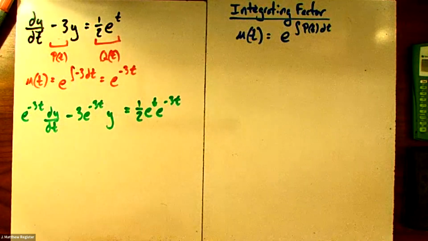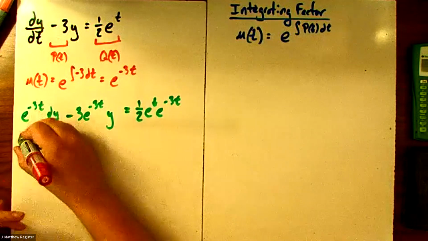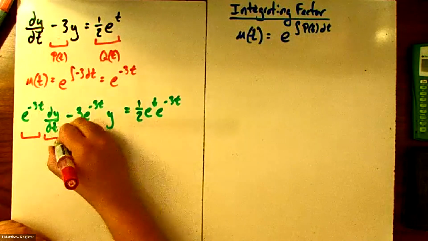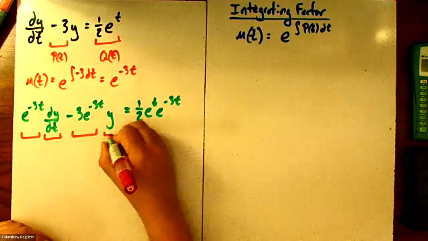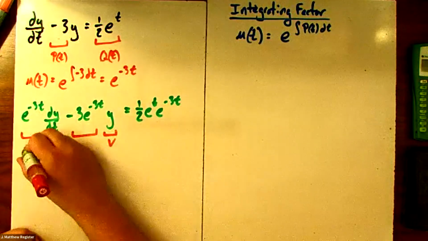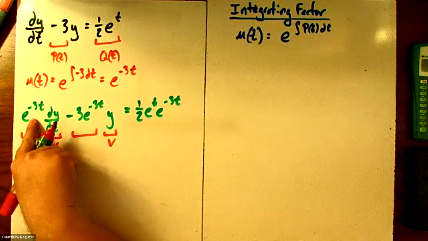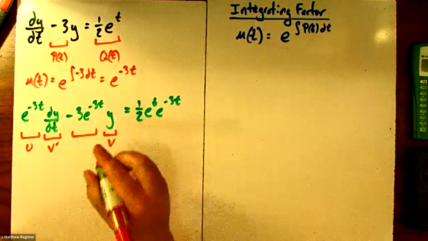Now, notice we did this so that this left side is a product rule, and we can verify that this is a product rule. If this is our v, this is our v prime. If this is our u, well, the derivative of e to the -3t would be -3 e to the -3t.